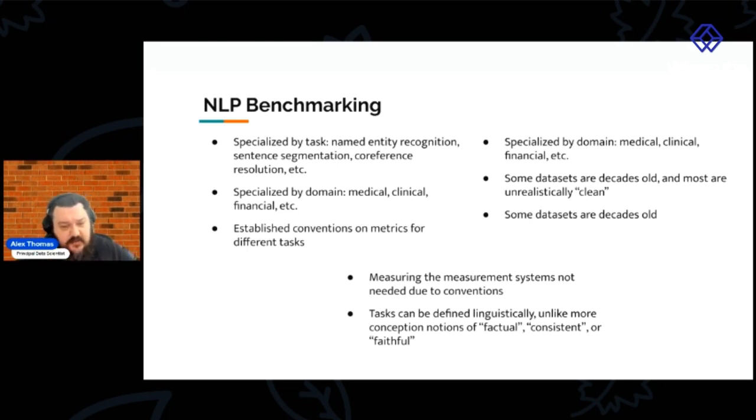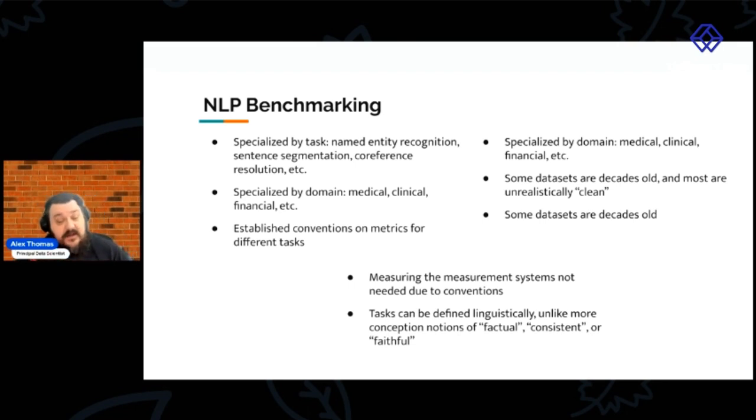There are a lot of data sets out there that are made well, some of them. They're specialized by tasks, so named entity recognition, sentence segmentation, coreference resolution, with different data sets for those. Sometimes they're from the same text, but they've been annotated for these particular tasks.